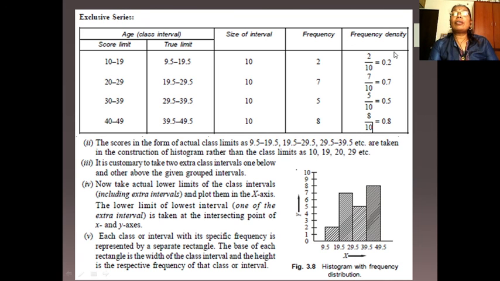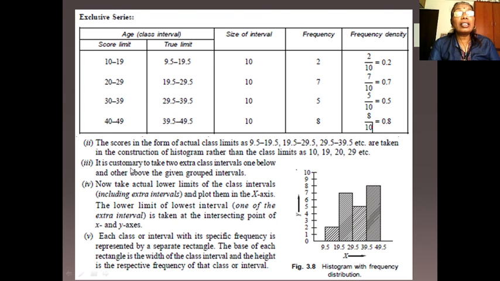The scores in the form of actual class limits, as 9.5 to 19.5, 19.5 to 29.5, etc., are taken in the construction of the histogram rather than the class limits 10 to 19, 20 to 29, etc. Means when we actually draw the histogram, at that time our class limit starts from 9.5 and ends at 49.5, each having a size of interval of 10.